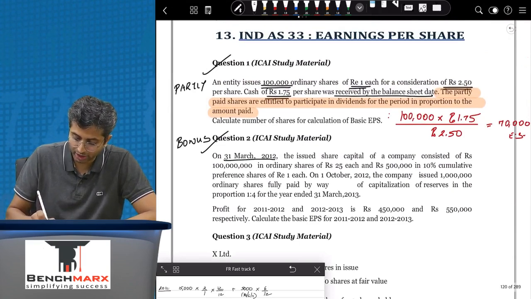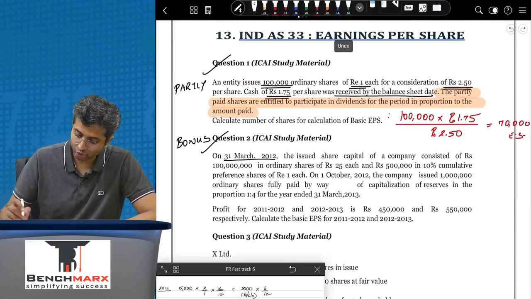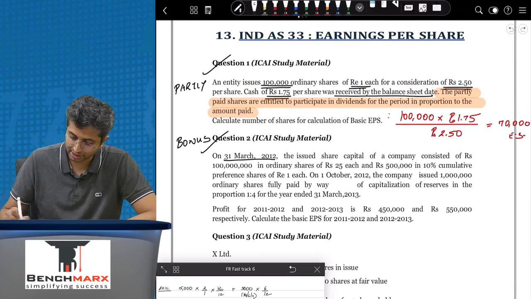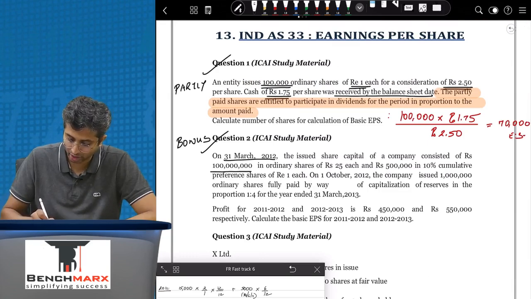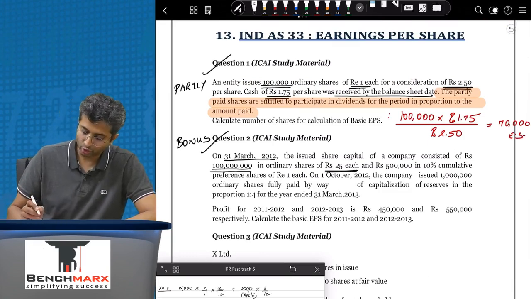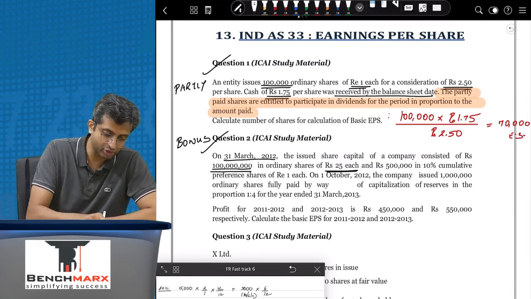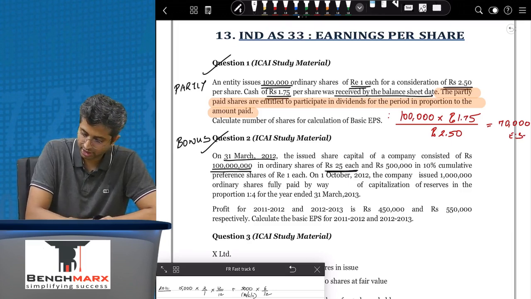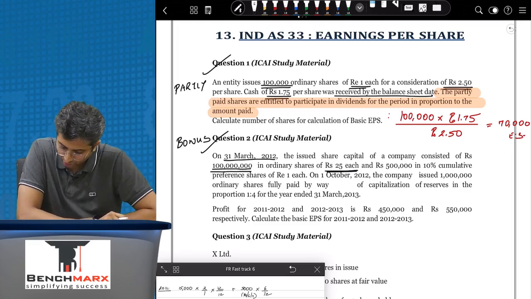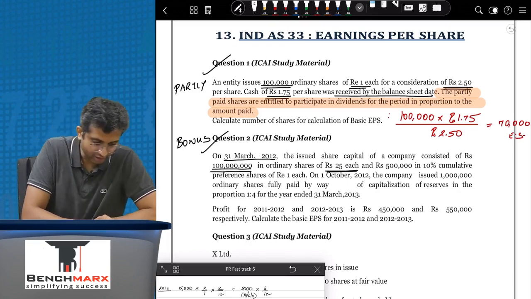On 31st March 2012, the issued share capital of the company consisted of rupees 1 crore in ordinary shares of rupees 25 each. So that must be 1 crore or 10 crore, which is it? It seems to be 10 crores, I guess.